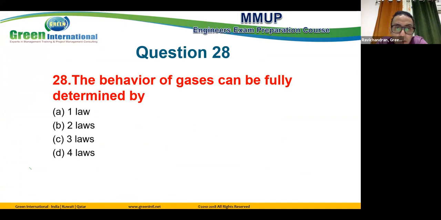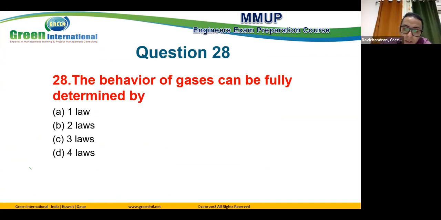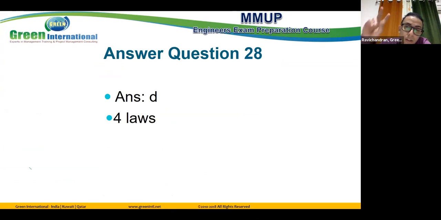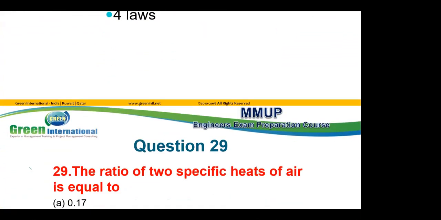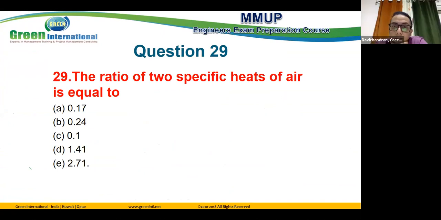But actually we have another one, which we studied last session: Avogadro's hypothesis, the relation between number of moles and volume. So it is 4 laws.